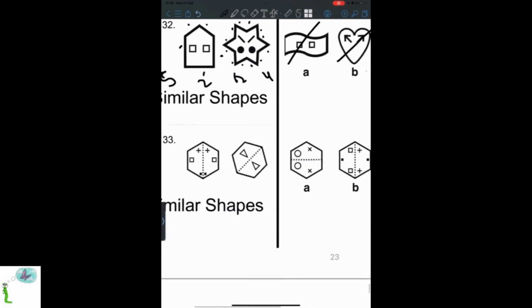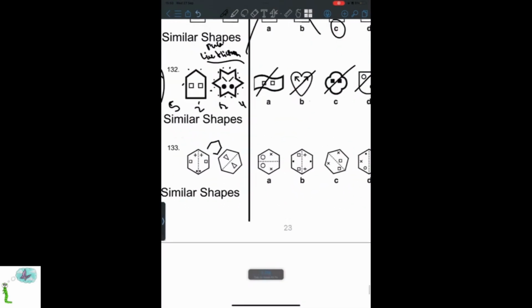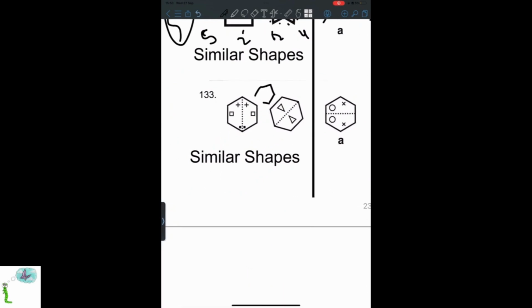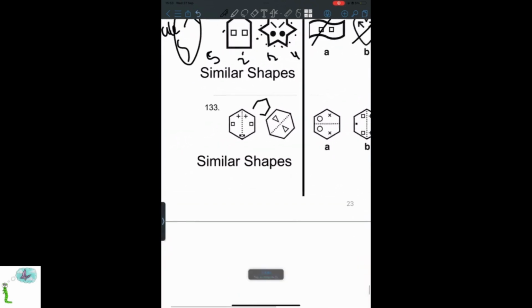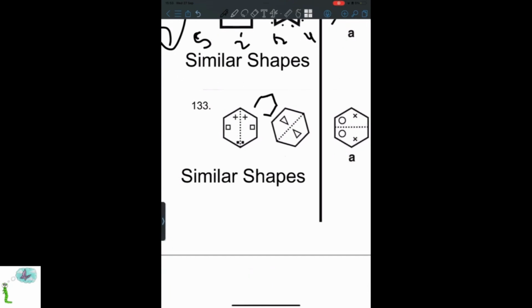Okay, what's similar between these two? The outer shape, the hexagon. So anything that isn't a hexagon, no, they're all the same. So what other rule could we have? There's a dashed line down the halfway point. All of them have a dashed line down the halfway point.